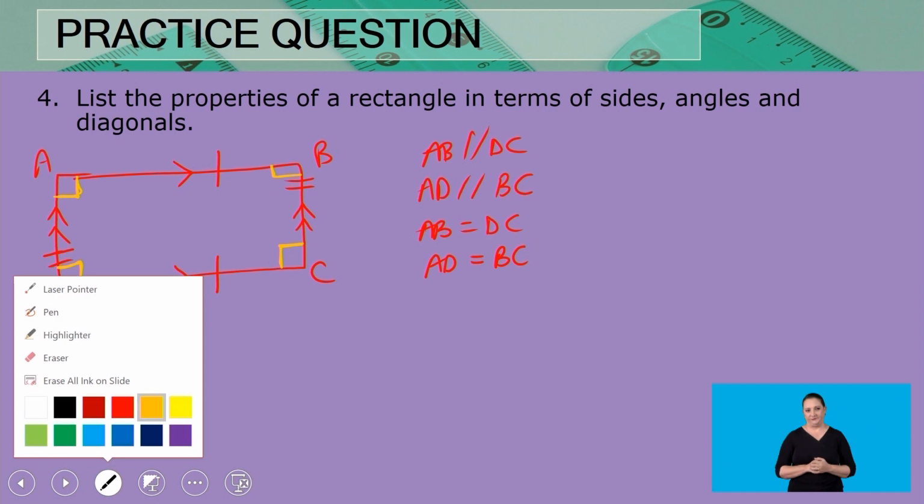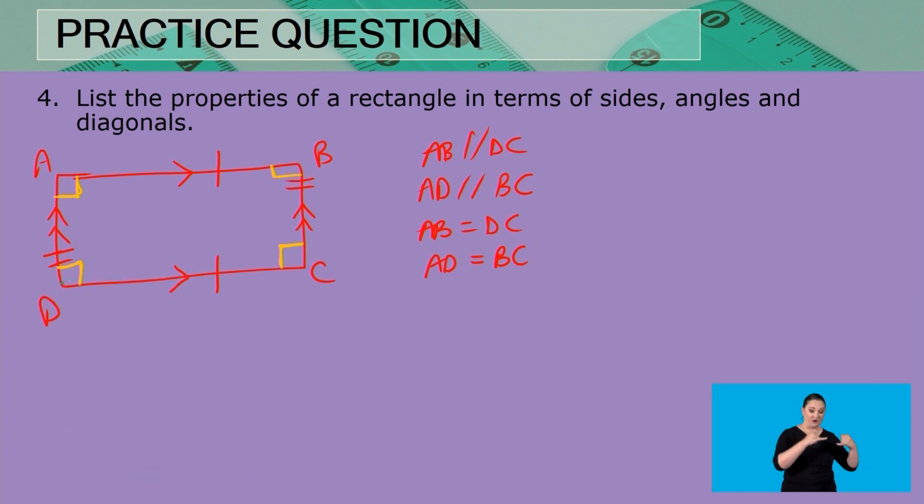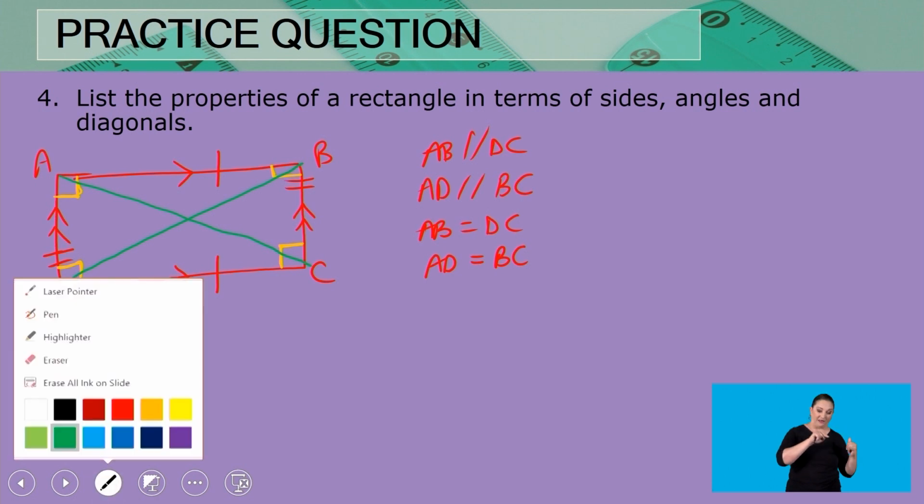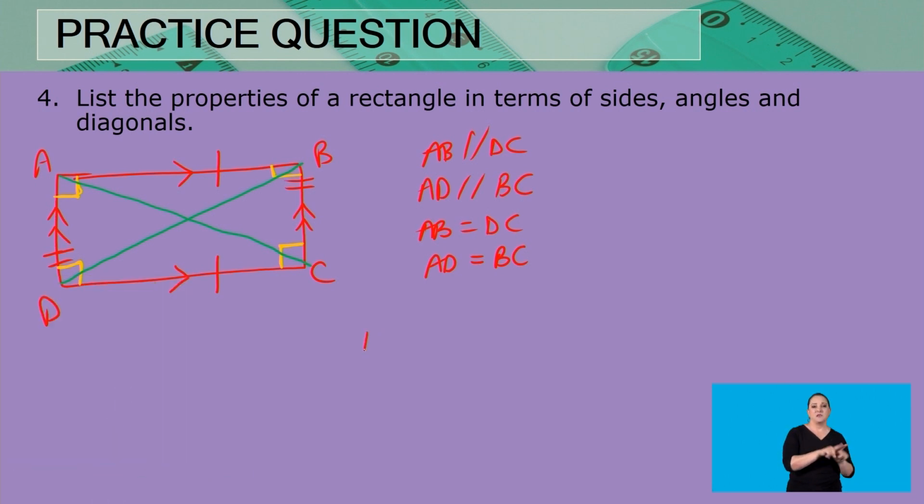And lastly, when it comes to the diagonals, of course, we know the diagonals bisect each other, but what makes a rectangle different is that the diagonals are also equal. So this means that AC is equal to DB. And of course, the rest of the properties that apply for a parallelogram also apply for a rectangle as well.